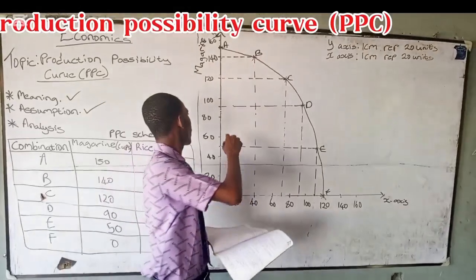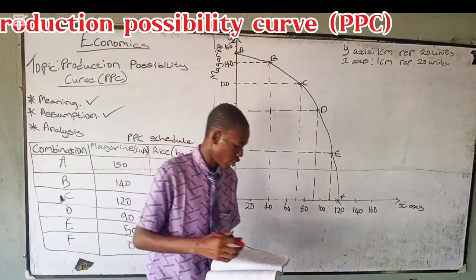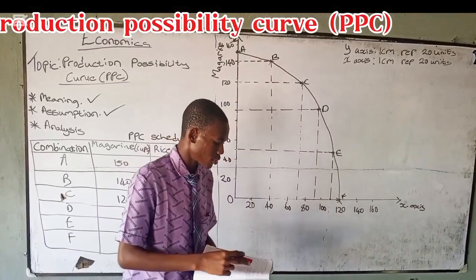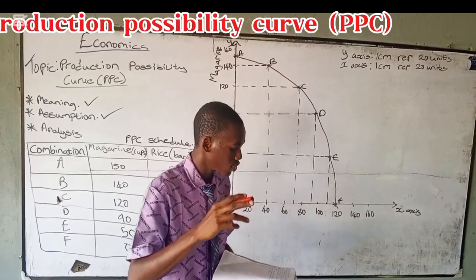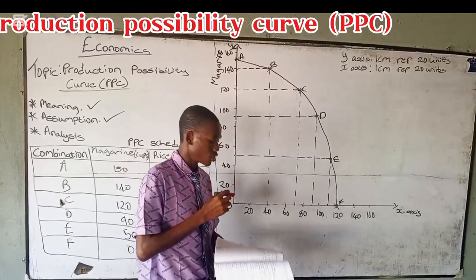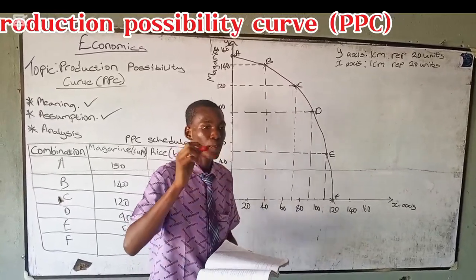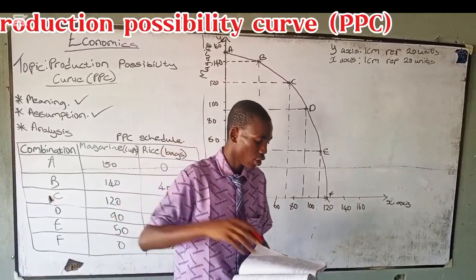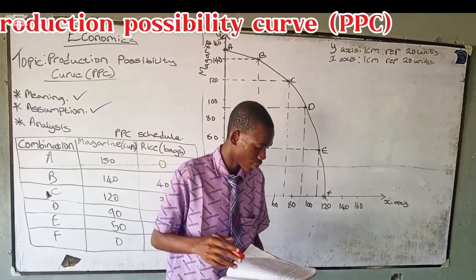So class, having joined this production possibility curve, in WAEC you see questions like: indicate points P and Q at which production is not feasible on the PPC drawn. We will also see questions like: indicate points R and K at which resources are not efficiently utilized.